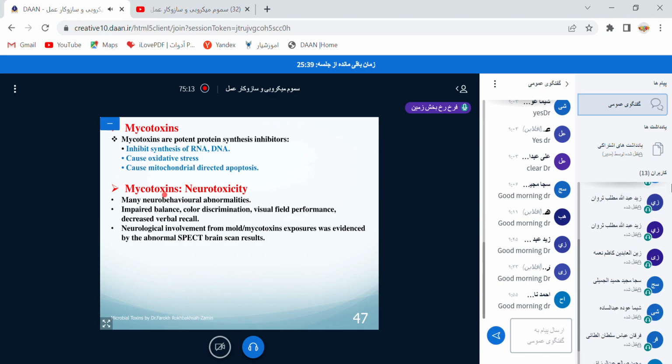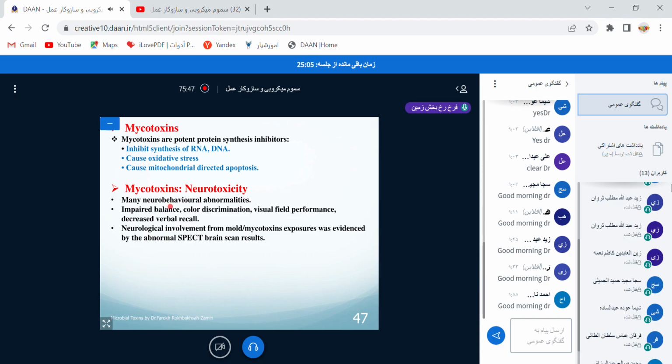Mycotoxins sometimes are responsible for severe neurotoxicity. Neurotoxicity means the effect of mycotoxins on the nervous system. Sometimes some people have many problems in their nervous system and they don't know why they suffer these problems.